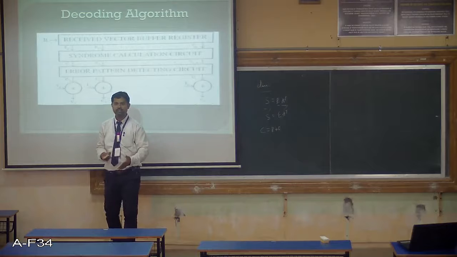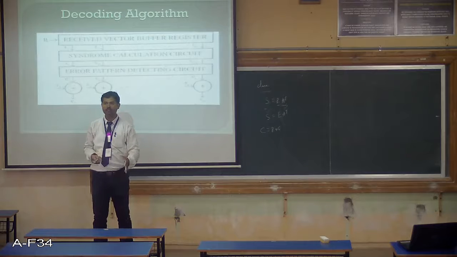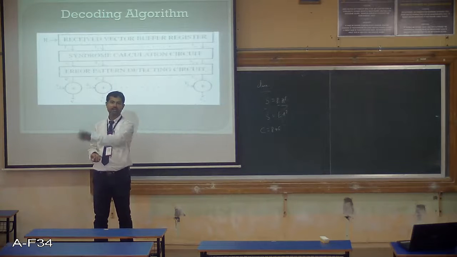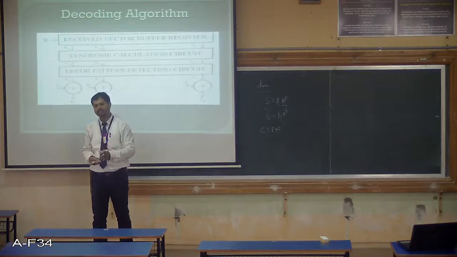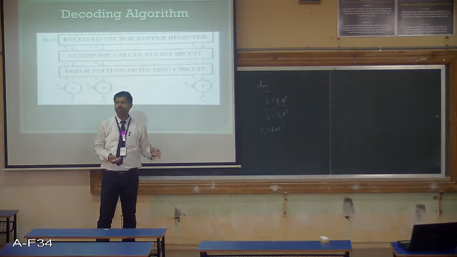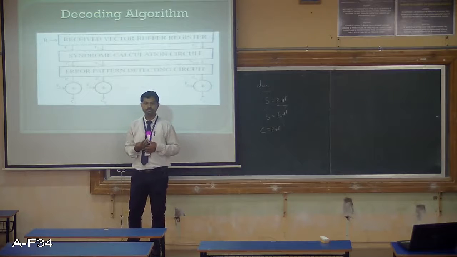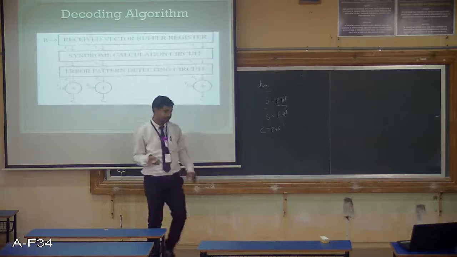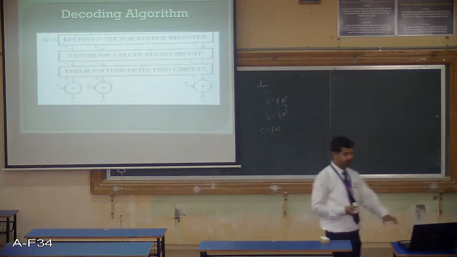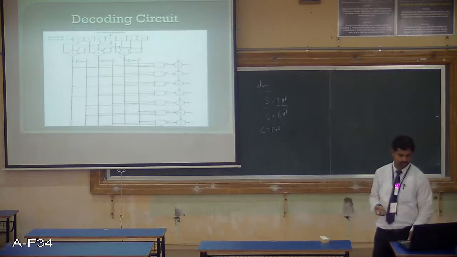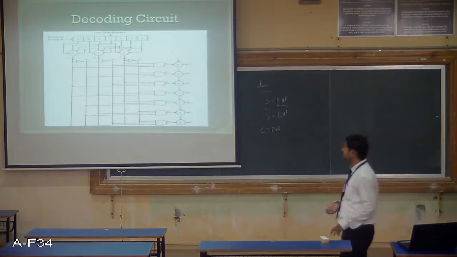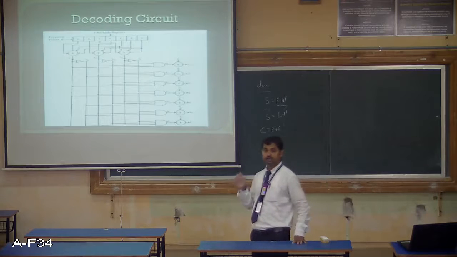As and when the bits are received, immediately find the syndrome. If you find the syndrome, I can get the error vector. If you know the error vector and the received vector, I can correct my code. This is the correction circuit. So the decoding circuit looks like this.